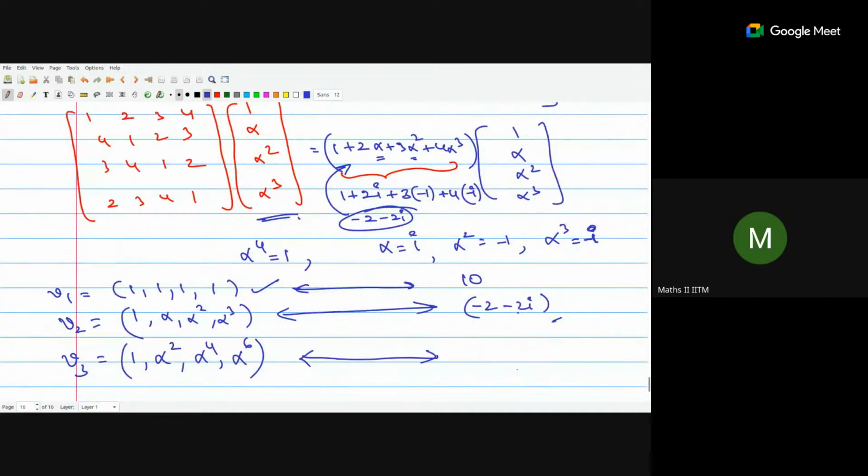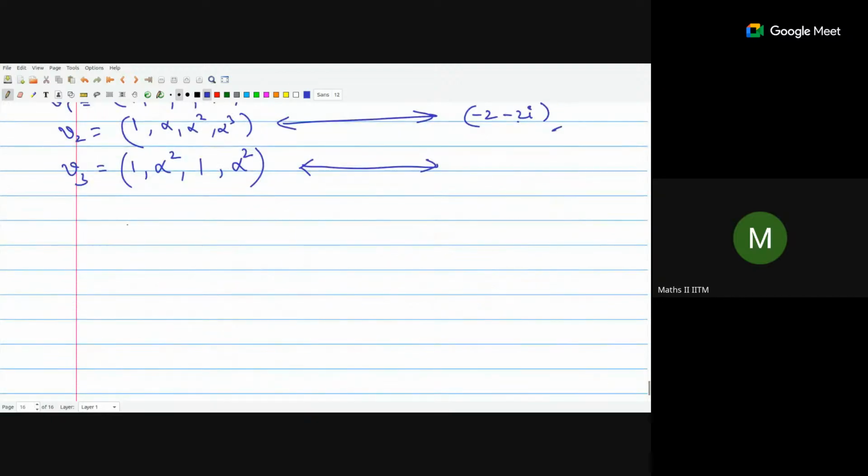Alpha power 4 is 1, alpha power 6 is alpha square. You can check this again.